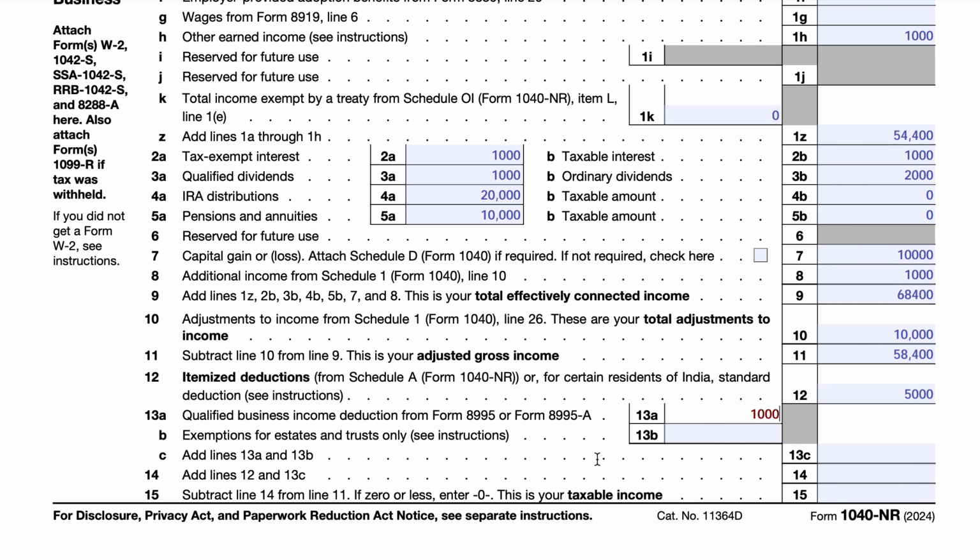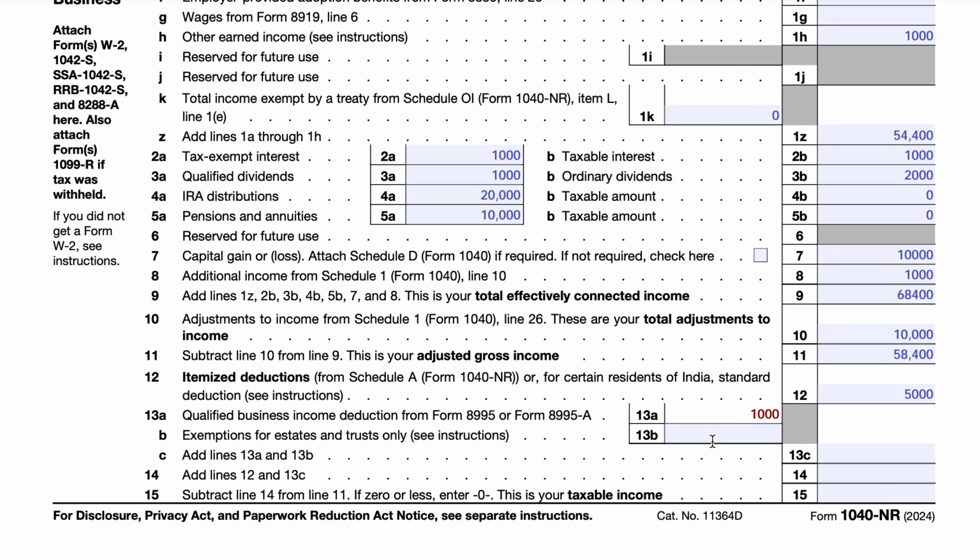Line 13B is an exemption for estates and trusts only. So if you're not an estate or a trust, then you can't claim it. Estates would enter $600 in line 13B. If you're filing for a trust and the trust document requires it to distribute all income, you would enter $300.